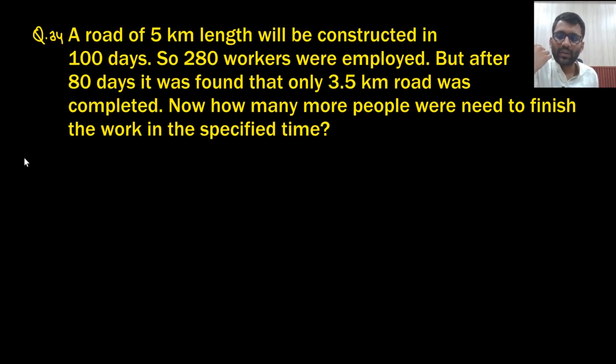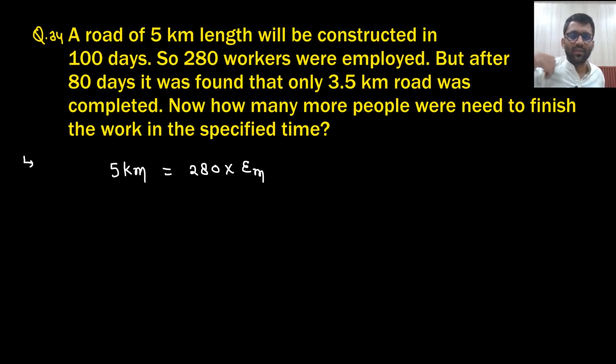A road of 5 km length is to be constructed in 100 days. So 280 workers were employed. So you could make a road of 5 kilometers if 280 workers work with their full efficiency for 100 days.